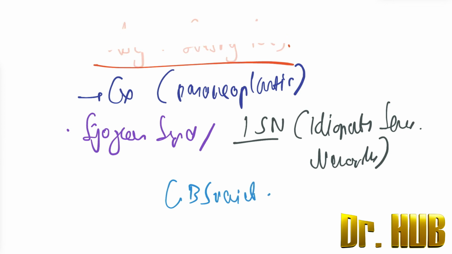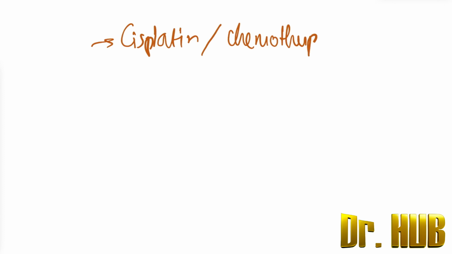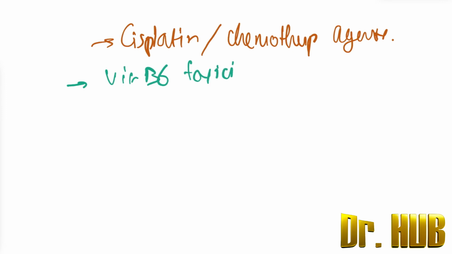So what are the other things involved? In asymmetric loss, there is cancer, Sjogren syndrome, idiopathic sensory neuropathy. Then comes the involvement of cisplatin, then other chemotherapeutic agents. Then there is vitamin B6 toxicity.